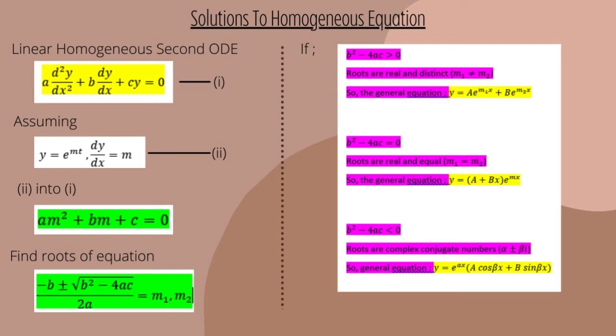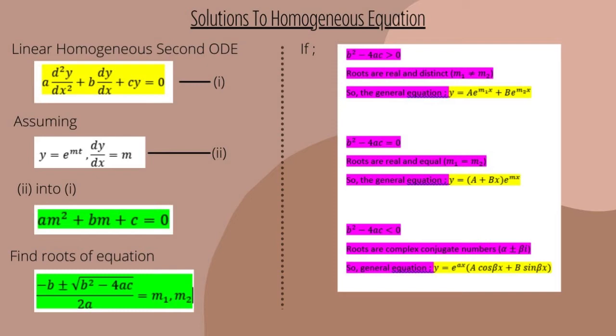So the general equation is y equal a e power of m1x plus b e power of m2x. And if b square minus 4ac equal to 0, the roots are real and equal, which means m1 equal to m2. So the general equation is y equal (a plus bx) e power of mx.